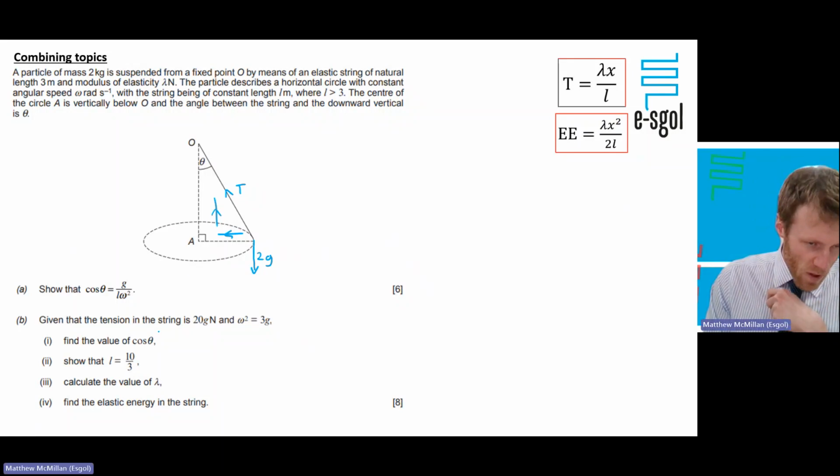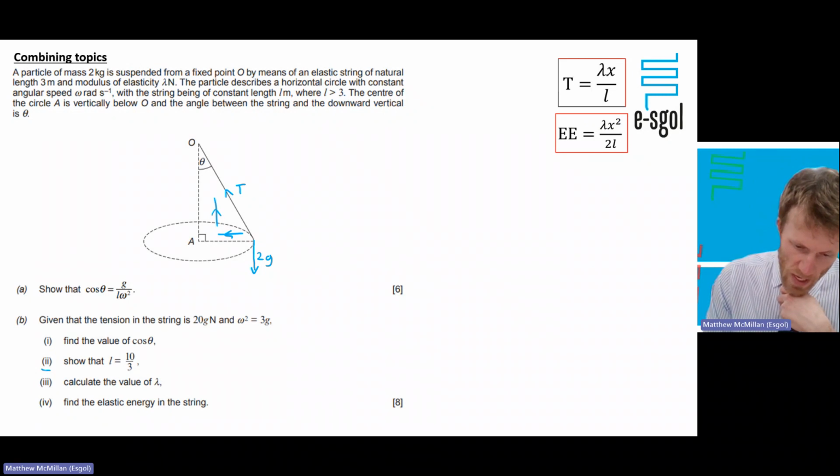For part B, I think I will go to B part 3, calculate the value of lambda. Actually, no, we need to do part 2 first.